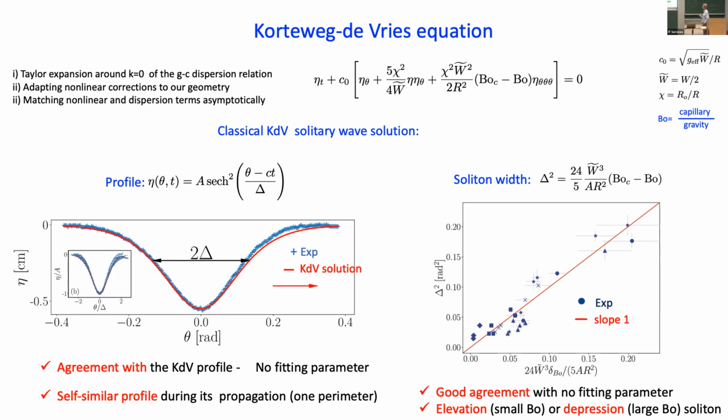And note also that depending on the value of the Bond number, which quantifies the capillary effect over the gravity one, if this is positive, the amplitude should be positive, and if this is negative, the amplitude should be negative. So it controls the elevation or depression profile.